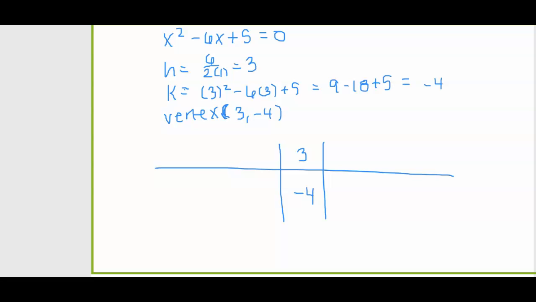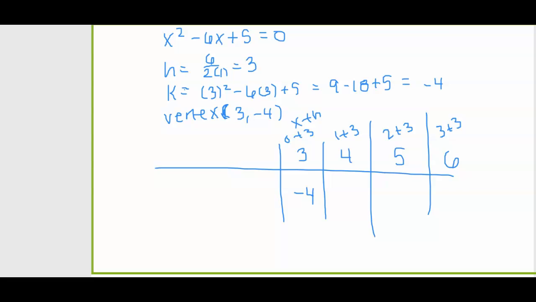So this is my x plus h. So that's 0 plus h, 1 plus h, 2 plus h, 3 plus h. So you get 3, 4, 5, 6. And then down here, this is still my y equals a plus k.